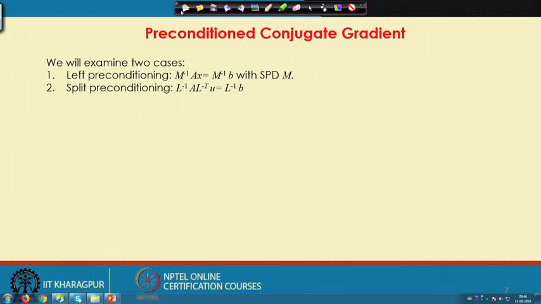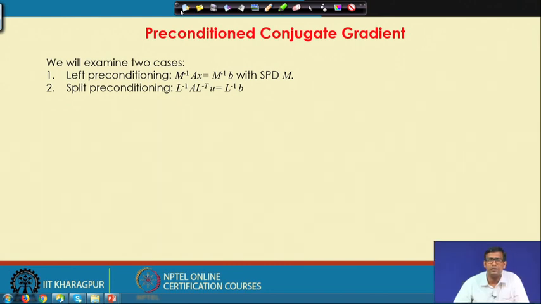Well, we will discuss two cases. Left preconditioning is M inverse A x equal to M inverse b, choosing symmetric positive definite M so that the matrix M inverse A remains symmetric positive definite, and conjugate gradient is only applicable when the matrix is symmetric positive definite.